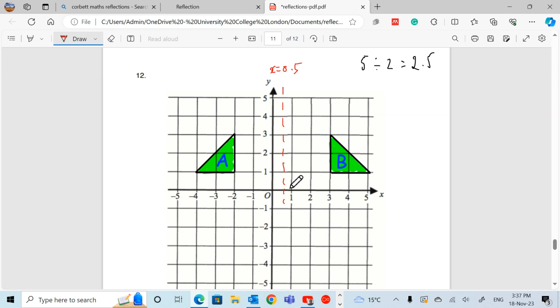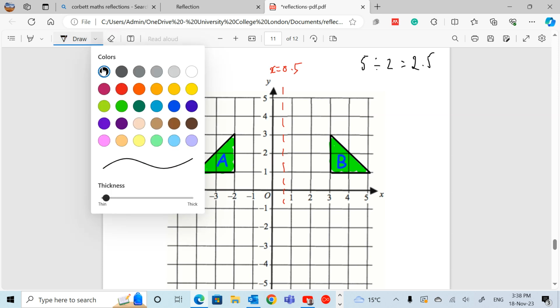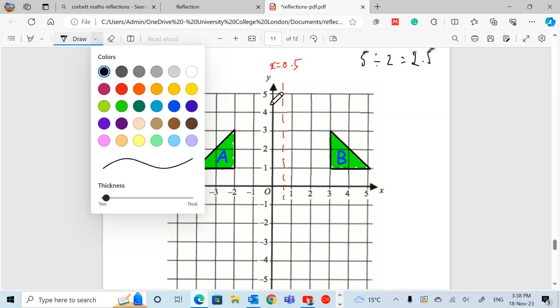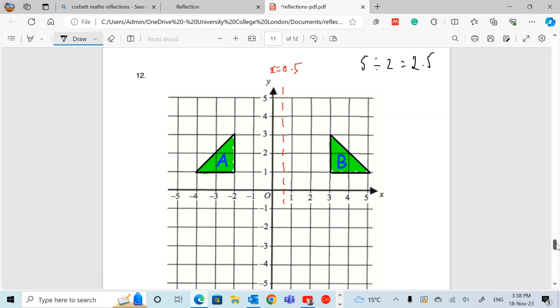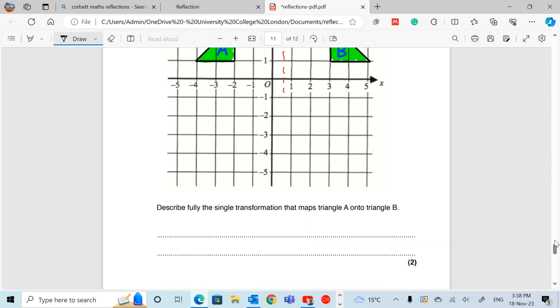And then if I'm going to describe the transformation, let's get the word right, I'm going to say reflection there. If I'm going to describe fully the single transformation that maps triangle A onto triangle B, let's be consistent.